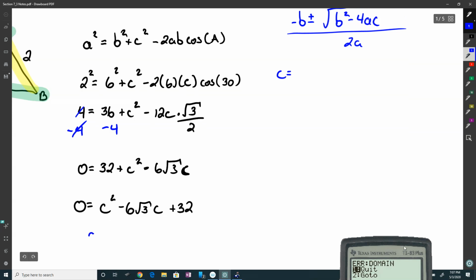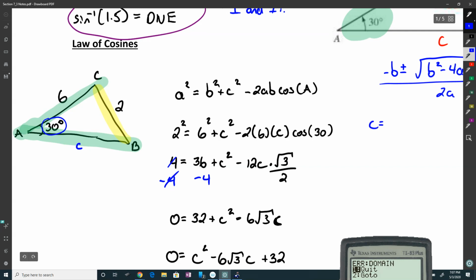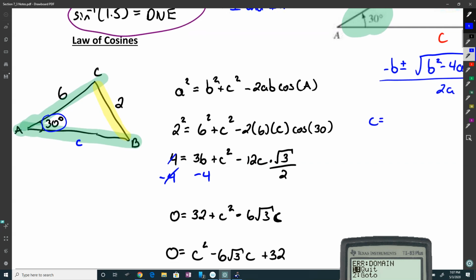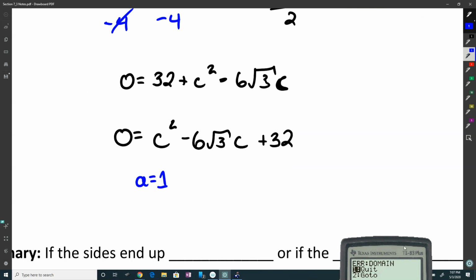So in this problem, a is equal to, it's not the same a, b, c as over here, just to give you a heads up. For the quadratic formula, it means the a, b, c of the quadratic. So a is 1, b is negative 6 square root of 3, and c is 32.